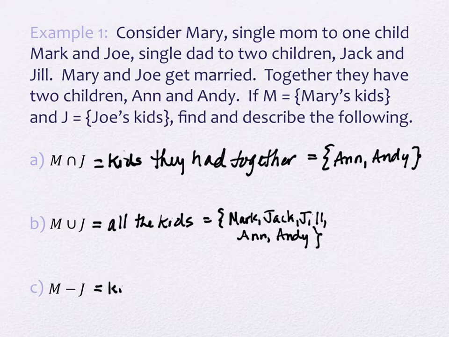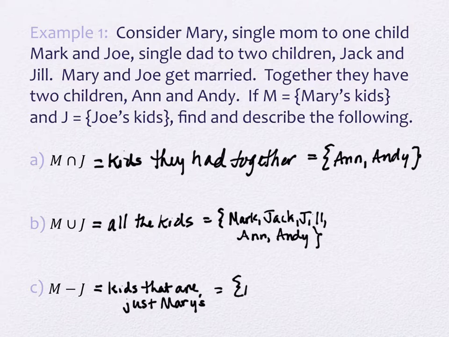Yeah, the kids that are just Mary's. And who would those be? It'd just be Mark in this case. You could also say the kids she had before, right? She actually married Mark, or married Joe, whoever we had, Joe.